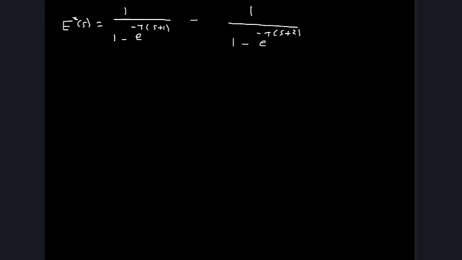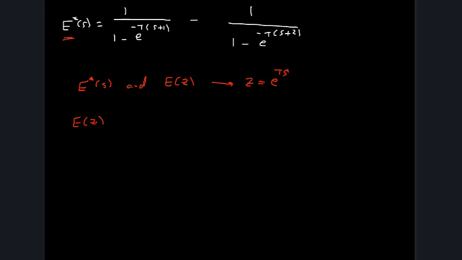Now we know there's a relation between the E star of s and the E of z. They are related by z equal exponential of t s. So this is very interesting because we can now calculate E of z relying on the formula of calculating E star of s.